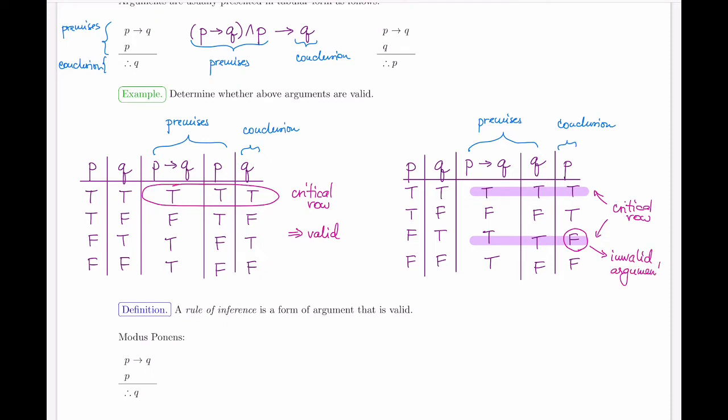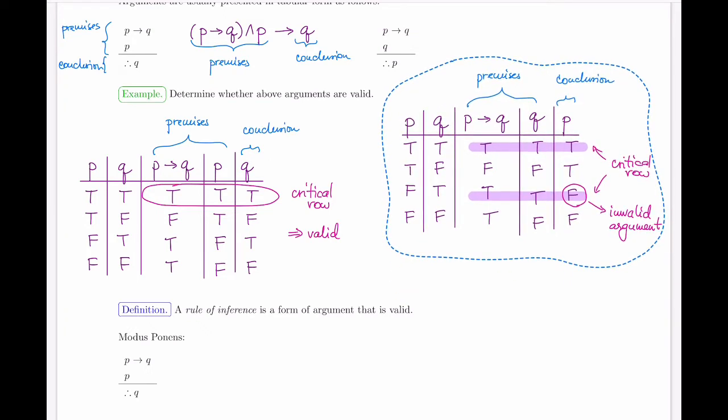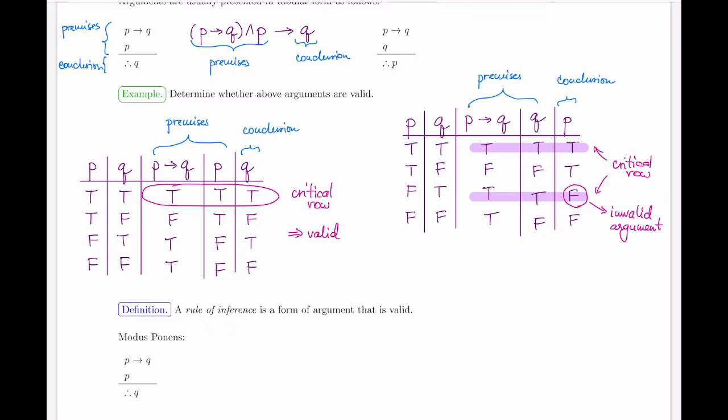Now, furthermore, I can actually give sort of evidence to why that's invalid in the shape of what we called the counterexample. Let me just move this up a little bit out of the way. So the counterexample are the actual values for P and Q in the critical row that indicated the invalidity of the argument.